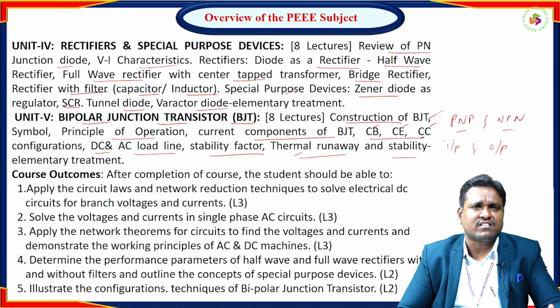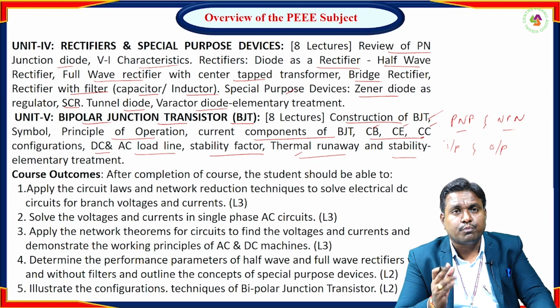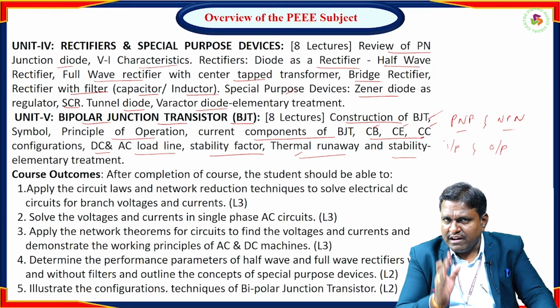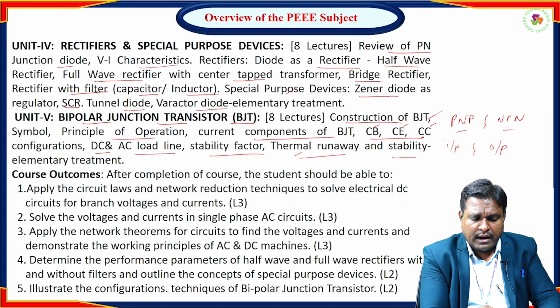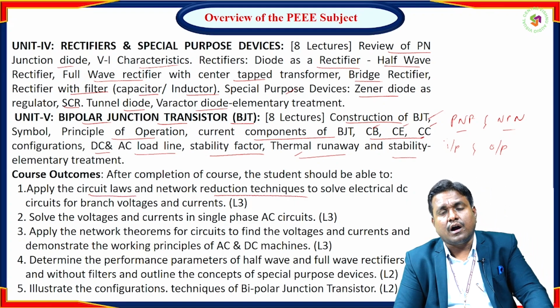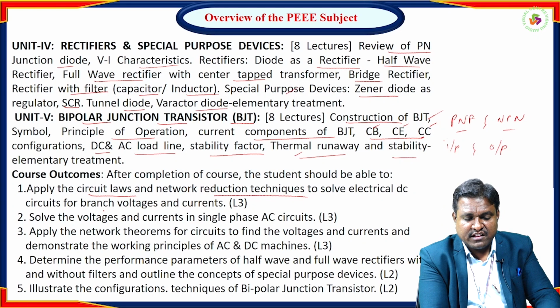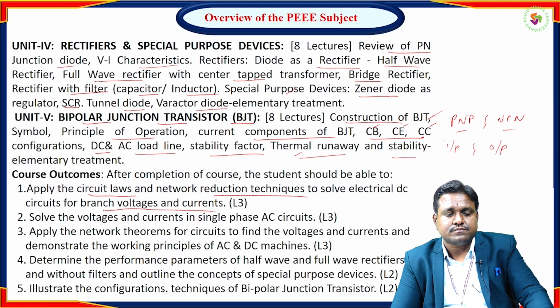So after studying this subject, what is the output we are going to get from the student? Once the student completes this course, he will be able to apply the circuit laws and reduce the network of DC and AC and find the response of the various parameters like voltage and current.